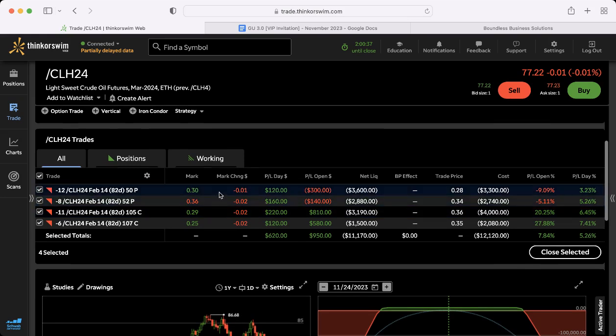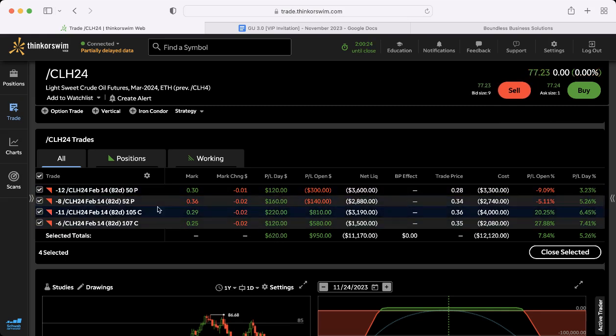So let's continue across here. This is our P&L open. So for the open position, here's P&L day. This is how much these particular option strikes and however many we have in there have increased or decreased today. And here's the open position. Okay.